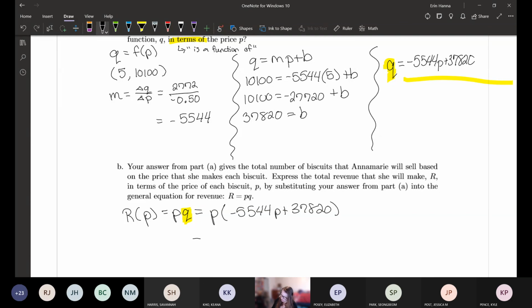Then usually it's good to just push through that P value and distribute it to both to get negative 5,544 P squared plus 37,820 P.